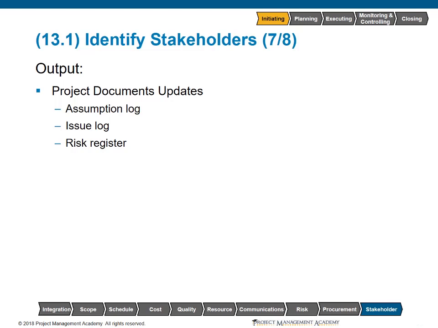So if we have more information about the relative power, interest, and engagement of stakeholders, this information is going to be assumptions. There's no easy way to quantify these types of things. So when we do enter this into the assumptions log, we want to put down exactly how did we arrive at these conclusions. Any issues that may arise should be recorded as well, and any new risks identified during the process should be recorded in the risk register.